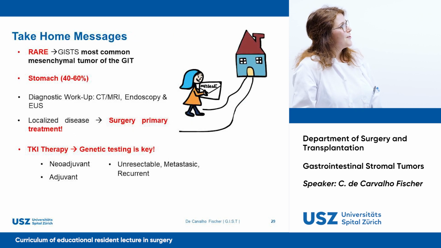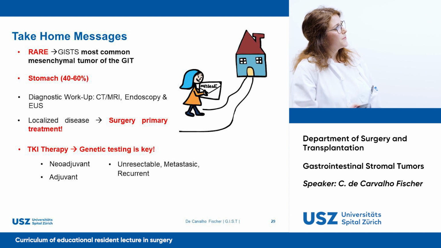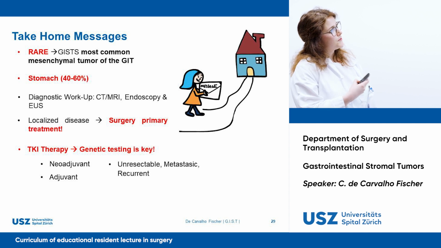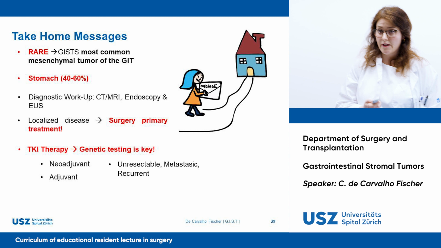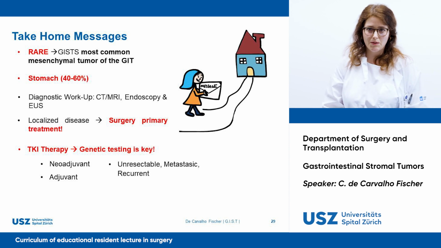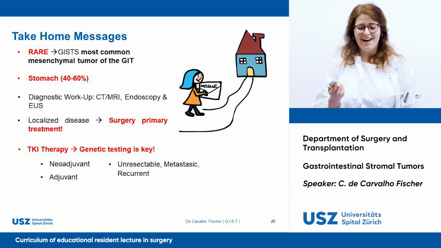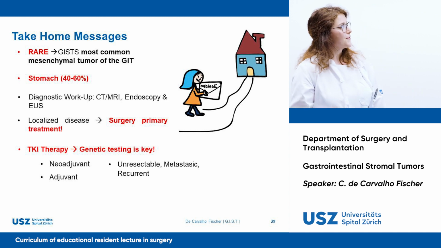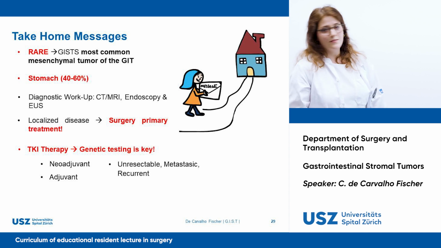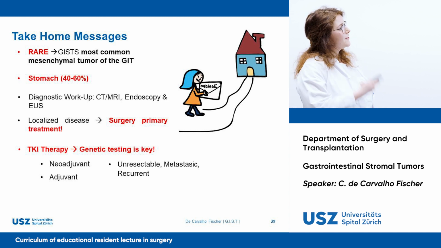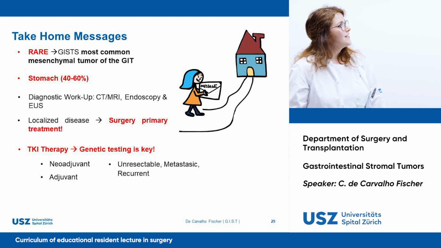That takes us to our take-home messages. GISTs are the most common mesenchymal tumor of the gastrointestinal tract. However, they are rare. They are mostly localized in the stomach, but important to remember is those outside the stomach have a higher risk for a less favorable prognosis. Diagnostics include CT, MRI, endoscopy, and endoscopic ultrasound.